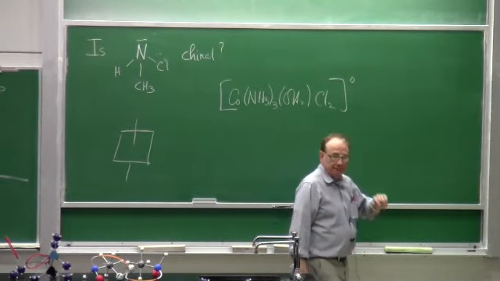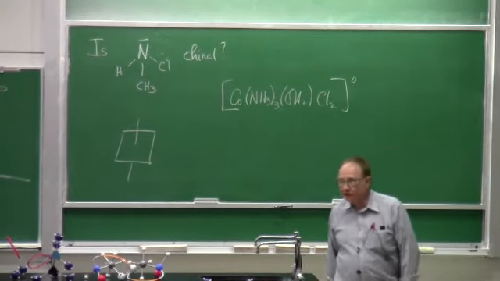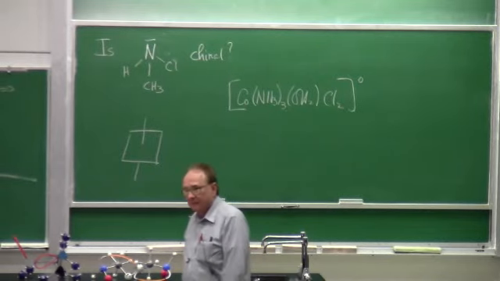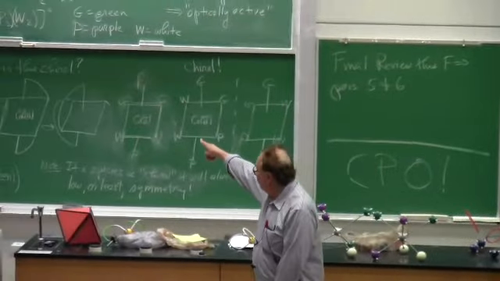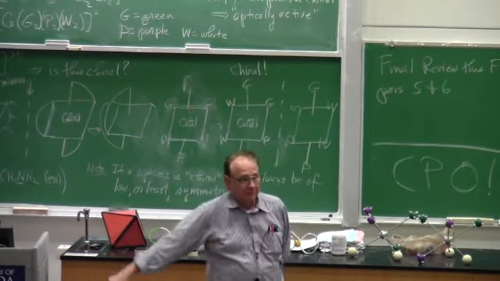Is this a more symmetric or less symmetric species than G2, P2, W2?